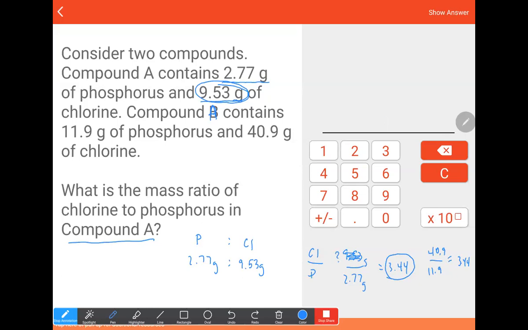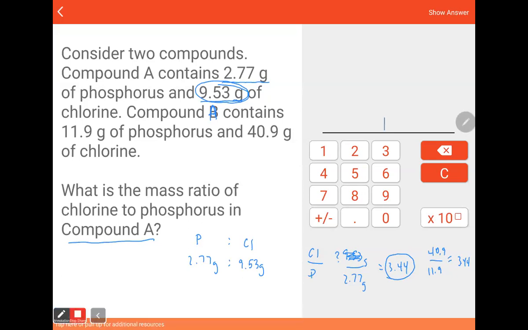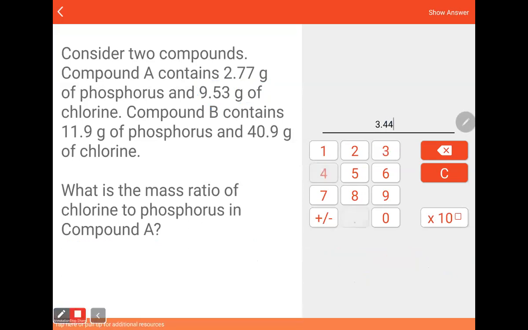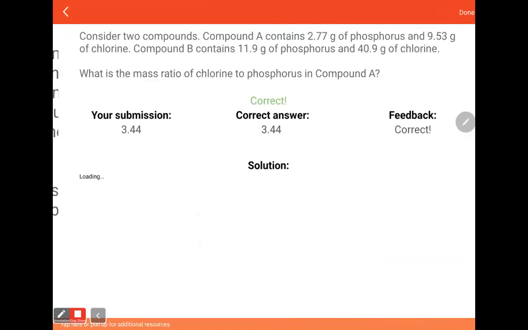So this problem could be asked several different ways, all with the understanding that we're talking about a mass ratio, which boils down to that whole number ratio of the atoms. Let's check our answer. There we go.